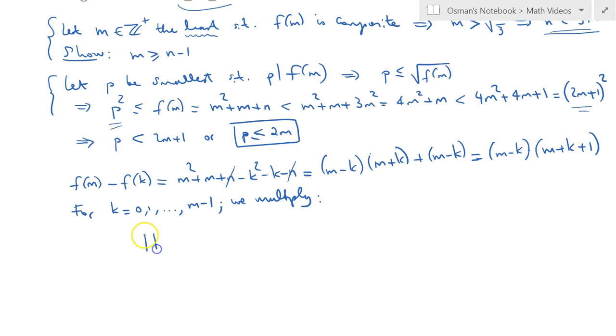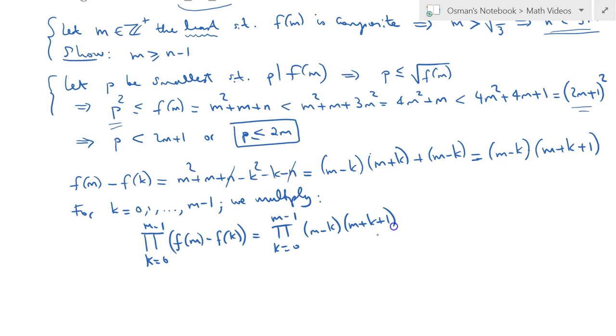So if we multiply out all of these expressions for k equals from 0 to m minus 1, we have that the product of f of m minus f of k is equal to the product for k from 0 to m minus 1 of this thing here, m minus k times m plus k plus 1.